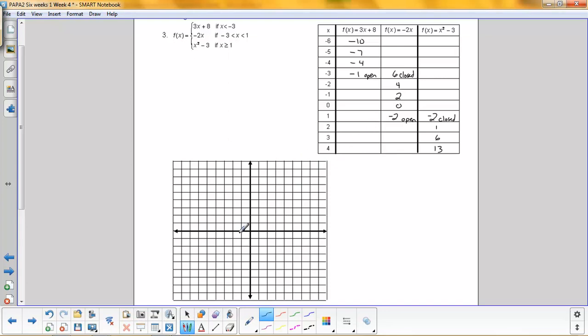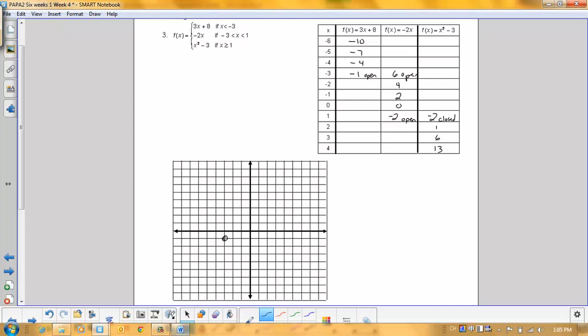And that's going to be an open circle at -3, -1. Okay? I need to make a correction here. That is not a closed circle. That is open.